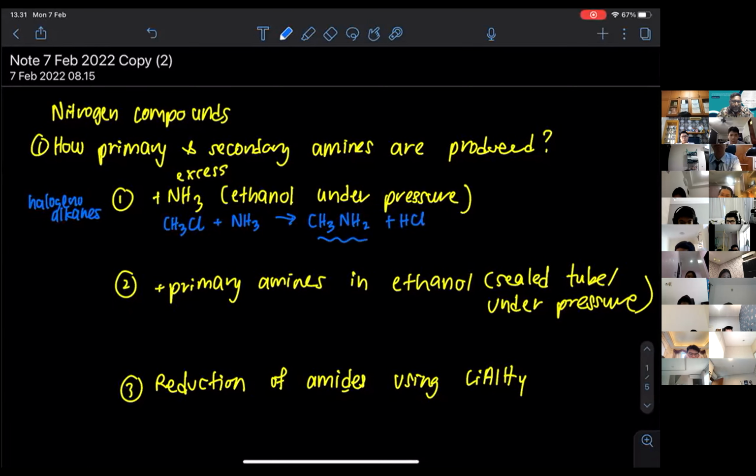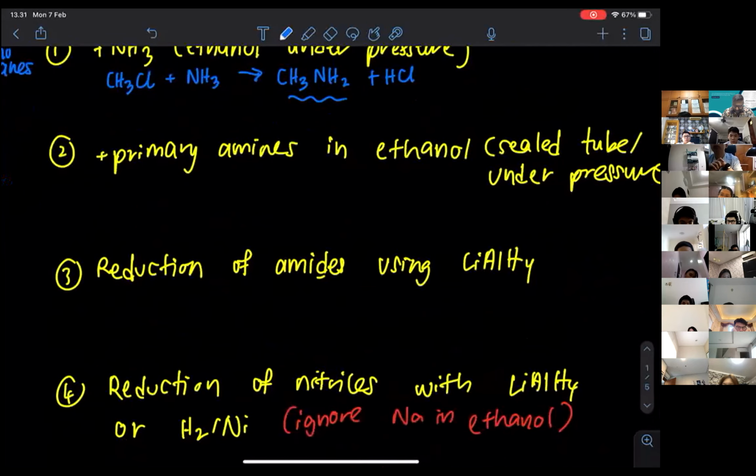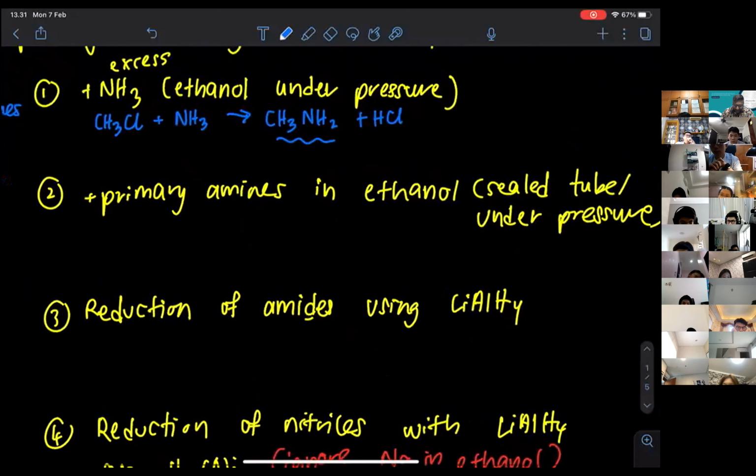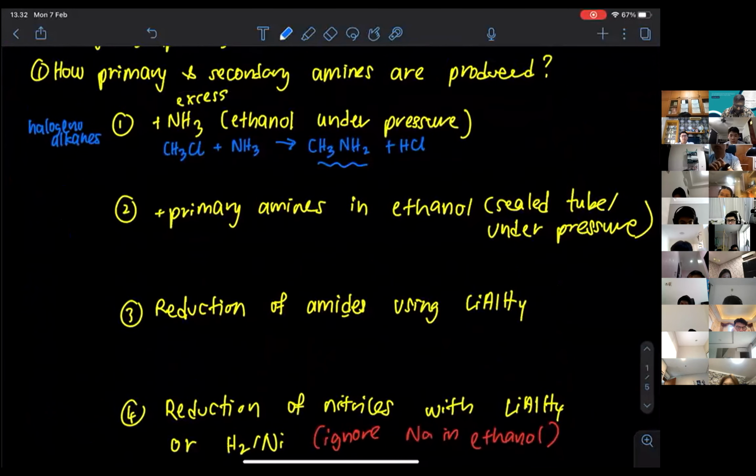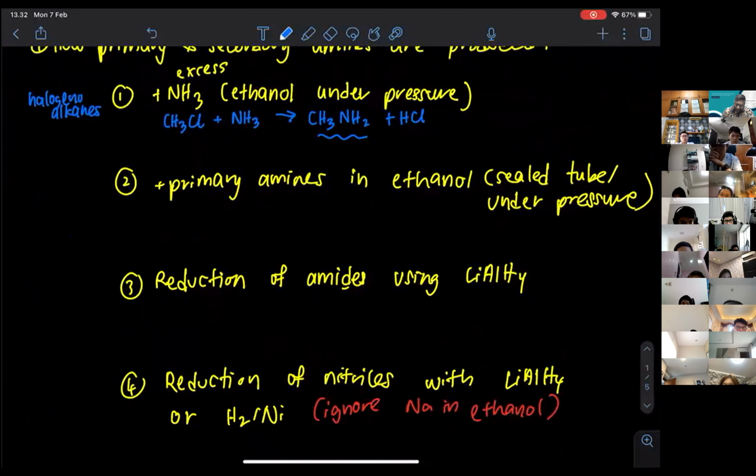Now, another reaction is, remember I told you it must be in excess. Why? If it is not in excess, then you are going to have the reaction with amine. So here they say with primary amine in ethanol condition and sealed tube under pressure, the same condition. Let's say this one is a primary amine.